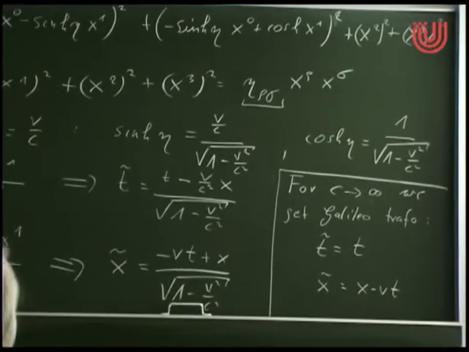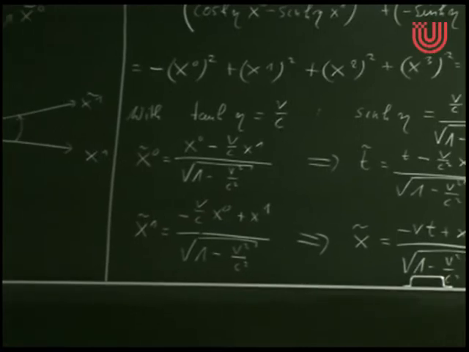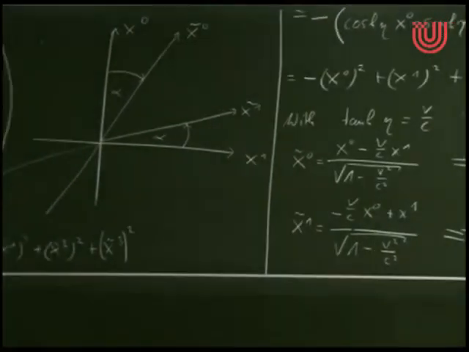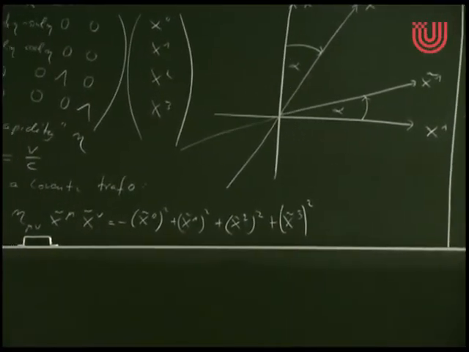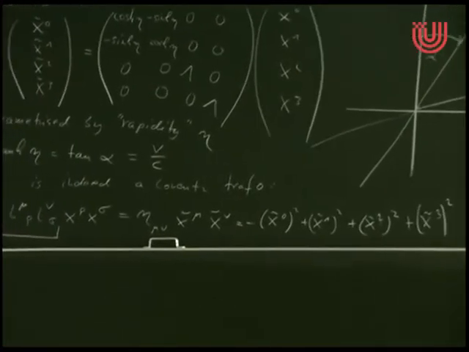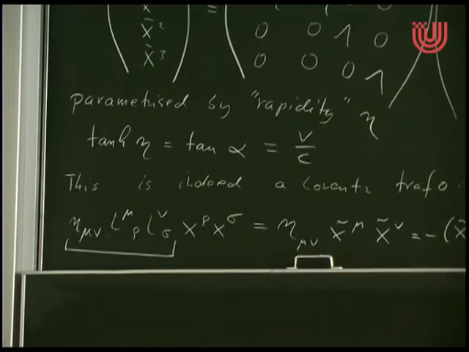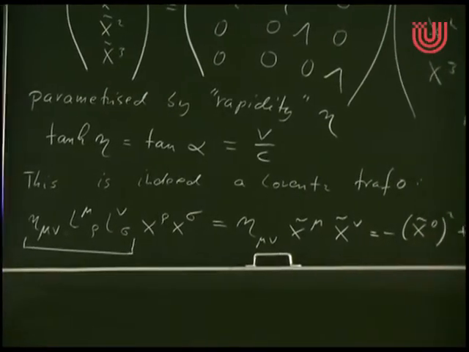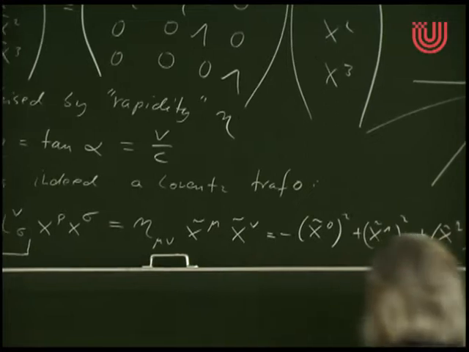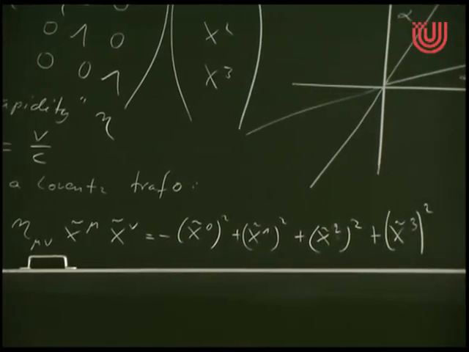So first of all, I should mention that you can consider boosts, of course, about an arbitrary axis. I've worked it out only for the x1 axis. And that if you do this, you get a set, not a group, but a set which is characterized by 3 parameters.